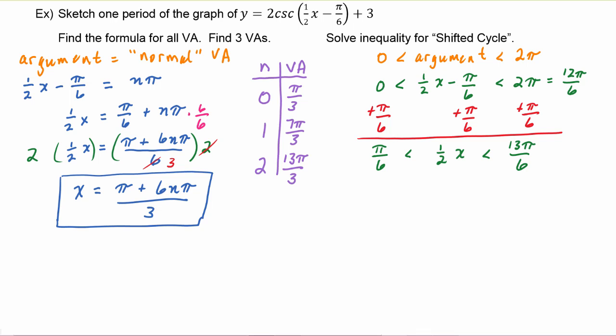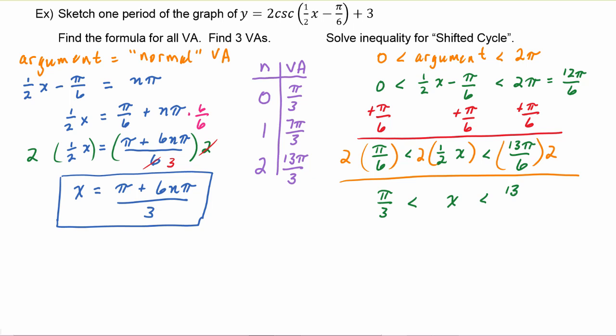And now we're ready to multiply each piece of the inequality by 2 to get the x by itself. And we get pi over 3 is less than x is less than 13 pi over 3.